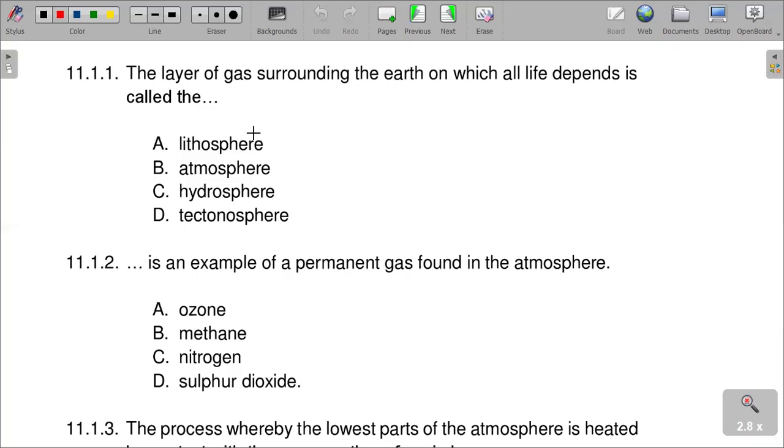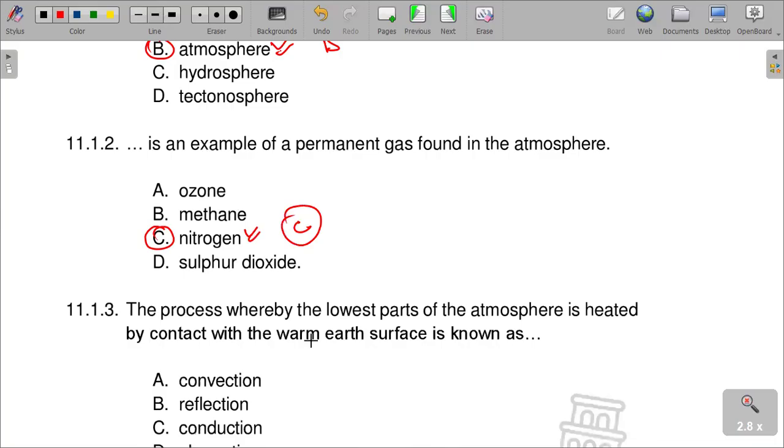What is it called? I'm sure that you know that the gas that supports life is the atmosphere, which is B. Dash is an example of a permanent gas found in the atmosphere. An example of a permanent gas found in the atmosphere is nitrogen, which is C.